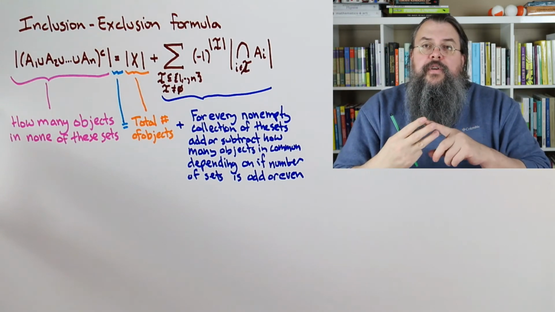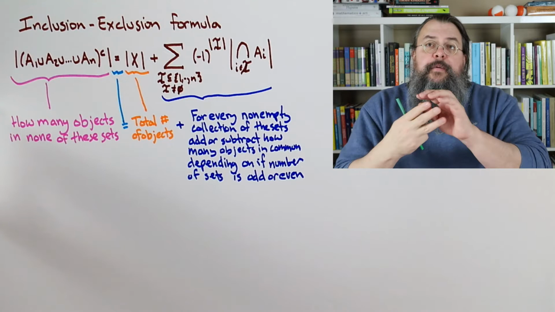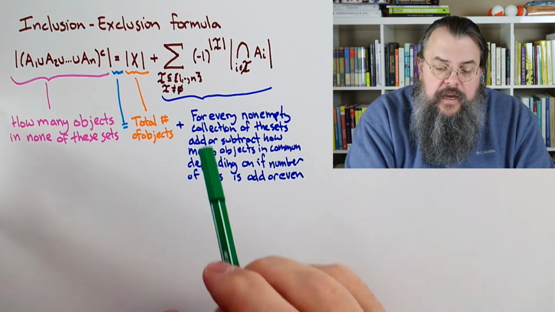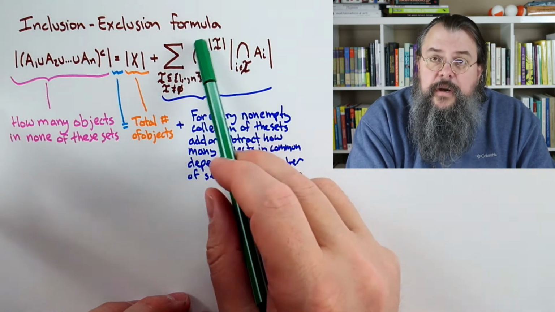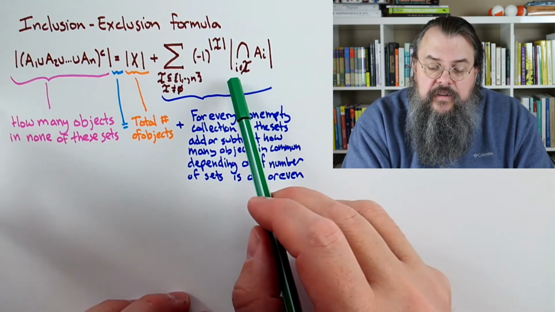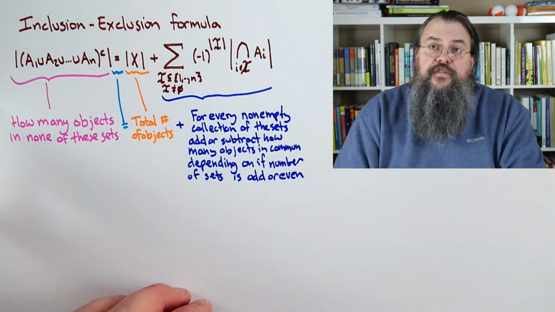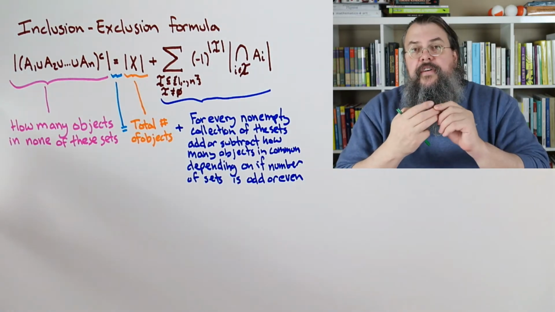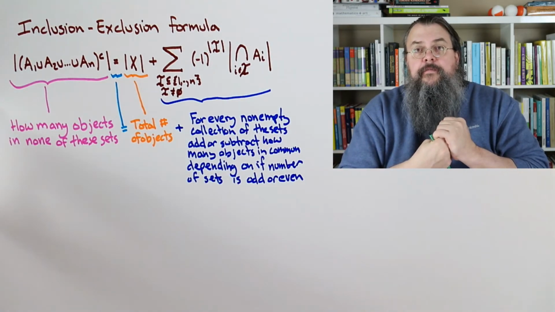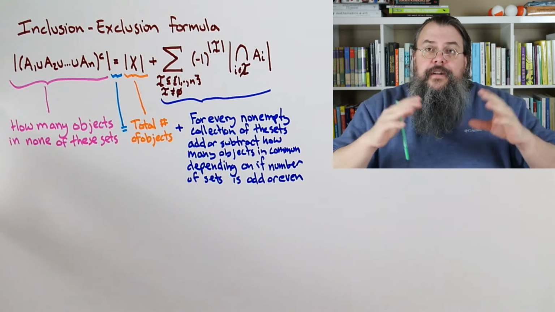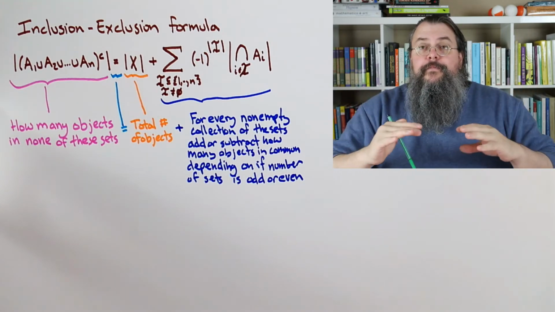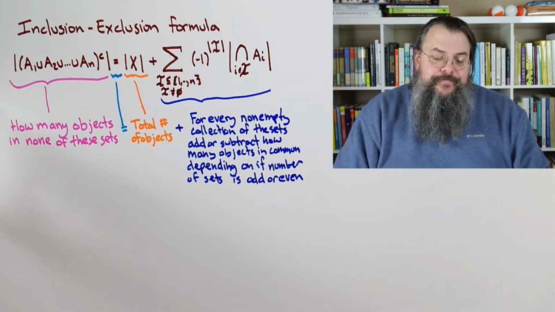You count how many sets you've picked, which is 3, and that determines whether you add or subtract. So you take -1 to the number of sets. Then you take the intersection of the sets you've picked, so what's in A2, A5, and A11 simultaneously. If you do that all possible ways, it all works out.